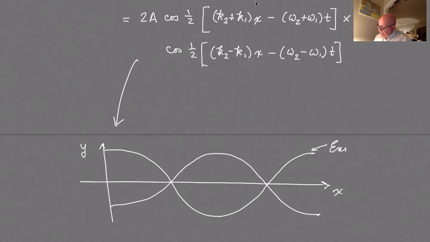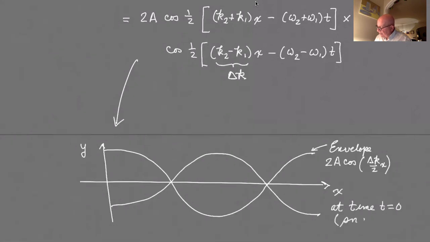This is the envelope, and this is going to be 2a cosine of delta k over 2 times x. So this then is going to be delta k. And again, we can let this be a snapshot at t equals 0.